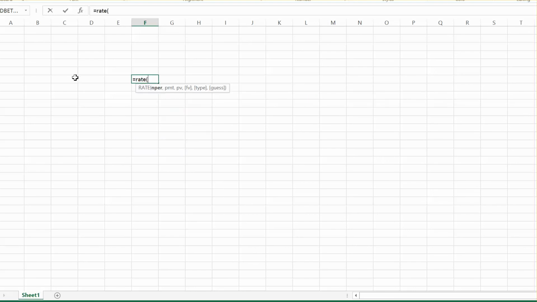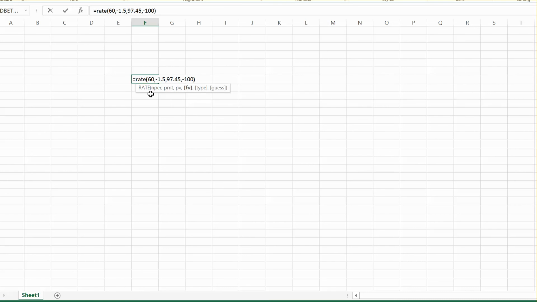Hopefully you can see that equals rate. Again, what are the inputs here? N per is the first input, that's 60. Then the payment, in this case the payment was $1.50, so minus 1.5. Present value was $97.45. Okay, and the future value was 100, so minus 100.